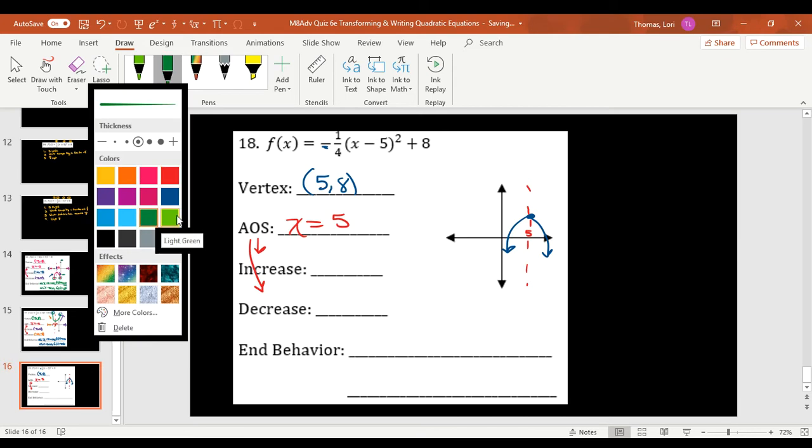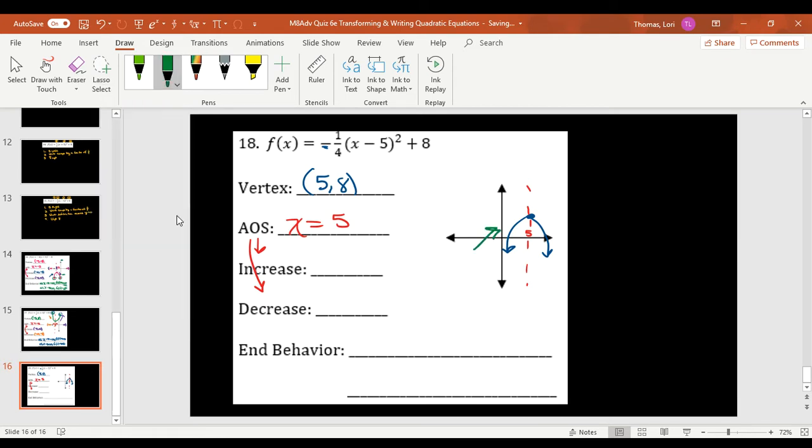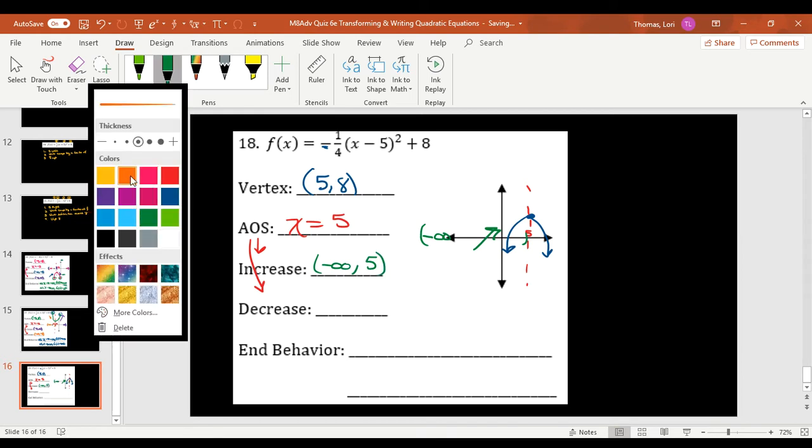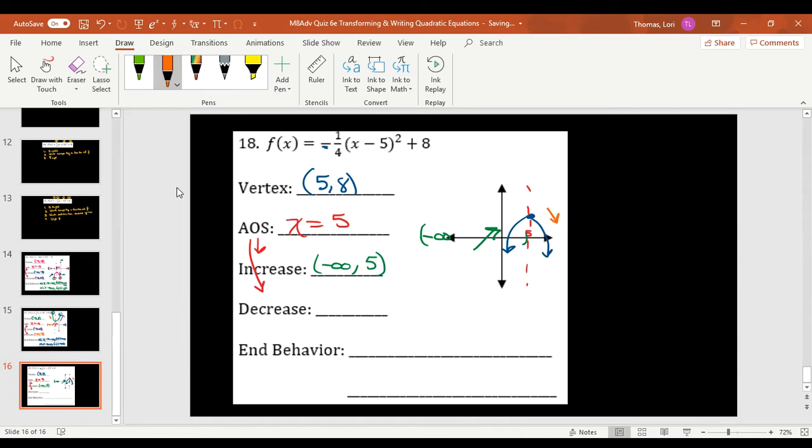So my graph is increasing on the left side of the AOS. So from negative infinity to 5, those x values cause the graph to increase. And then my graph is decreasing on the right side. So from 5 to positive infinity, those x values cause the graph to go down.